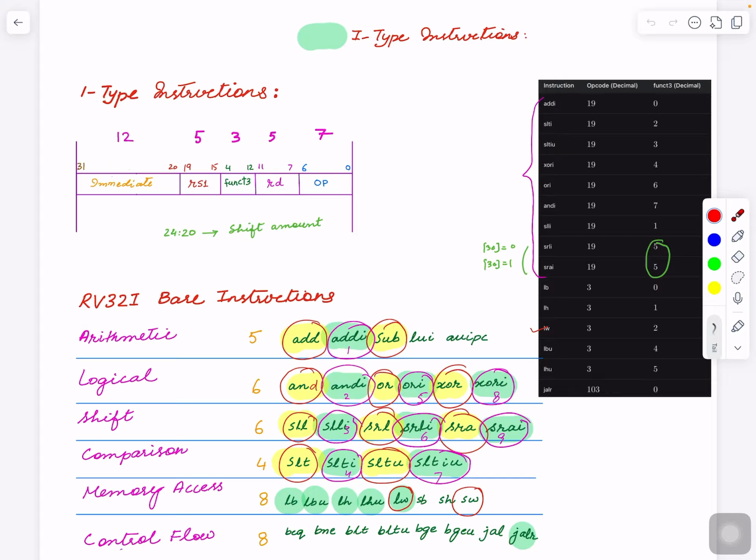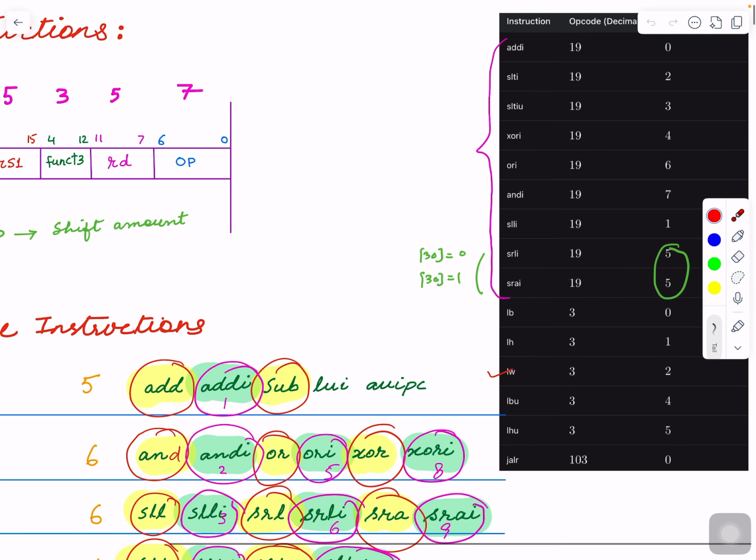But you notice that this shift right, so you have to make it a little bigger, can't see it. Shift left, shift right logical and arithmetic, both are immediate versions. They have the same func3, 5.